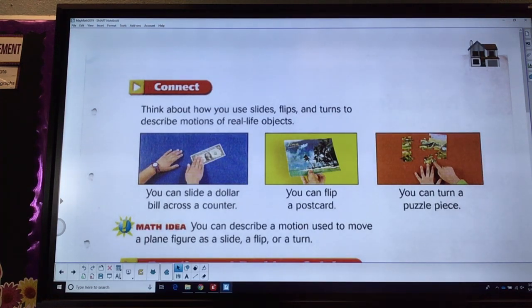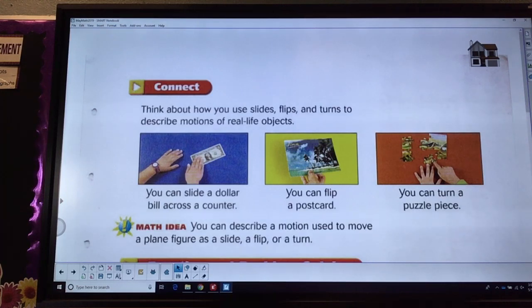Okay, think about how you use slides, flips, and turns to describe motions in real-life objects. When we slide a dollar bill across a counter, we are performing a translation or a slide. Also, if we're looking at a postcard and we flip it over to look at the back, we're performing a reflection or a flip.